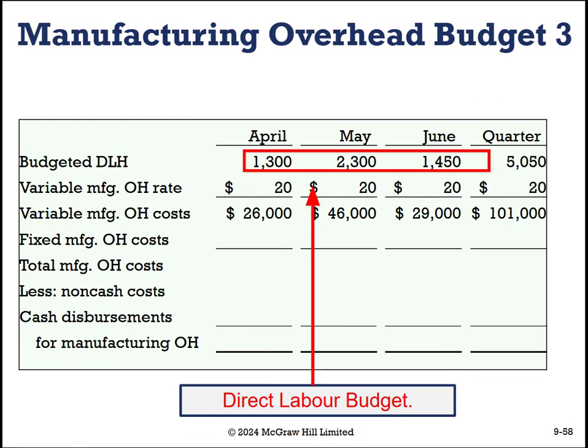So let us start off with our cost driver, our predetermined overhead rate driver, which is going to be our direct labor hours. And we're going to pull this right from the direct labor hour budget to see how many labor hours we're going to have each month. Okay. And then we're told our MOH rate for variable costs is 20 and we're going to multiply that across.